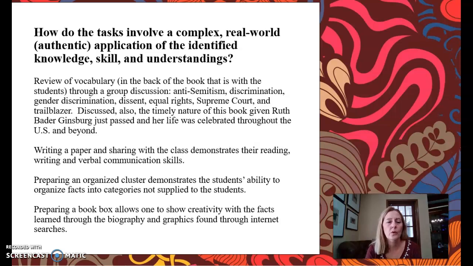Again, those were all words within the book. We discussed the timely nature of the book, given the passing of Ruth Bader Ginsburg and her life being celebrated throughout the U.S. and beyond. Other tasks involved the writing of the paper and sharing with the classroom that demonstrated their reading, writing, and verbal communication skills.